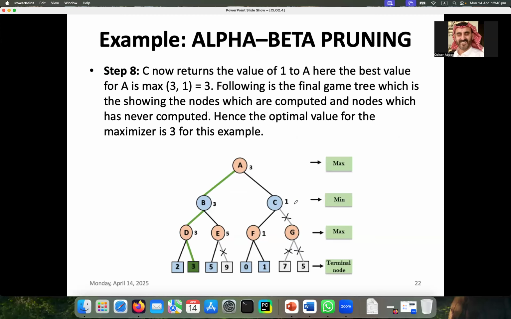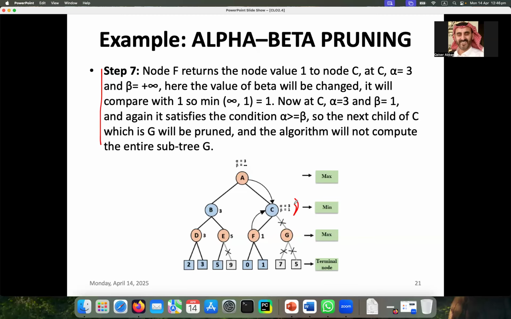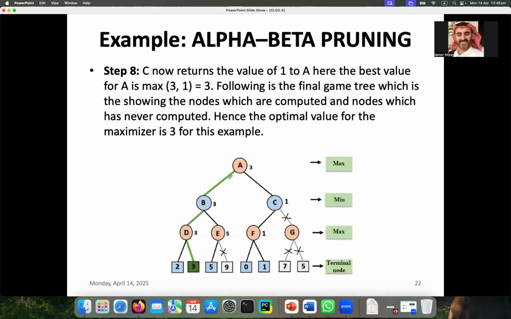Okay, and now this is the final situation. Up to this point, your alpha has 3 and your beta has 1. Here you can see that this 3 is coming from this branch. Here we are only showing that this 3 is coming from this branch. And what branches are pruned away?